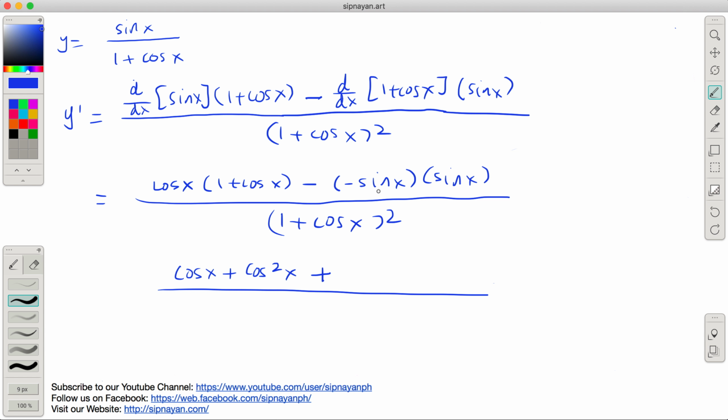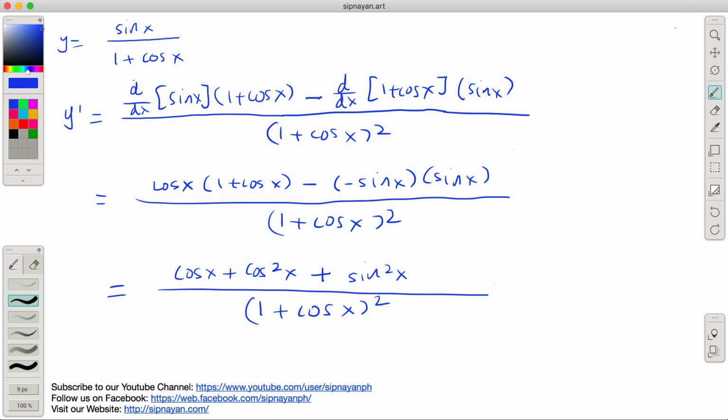What else? Sine squared x. Sine x times sine x is sine squared x. Cosine x times cosine x is cosine squared x. Then 1 plus cosine x quantity squared.